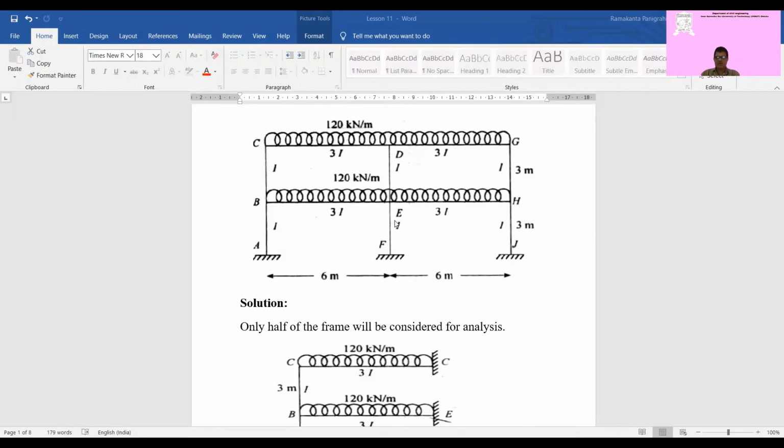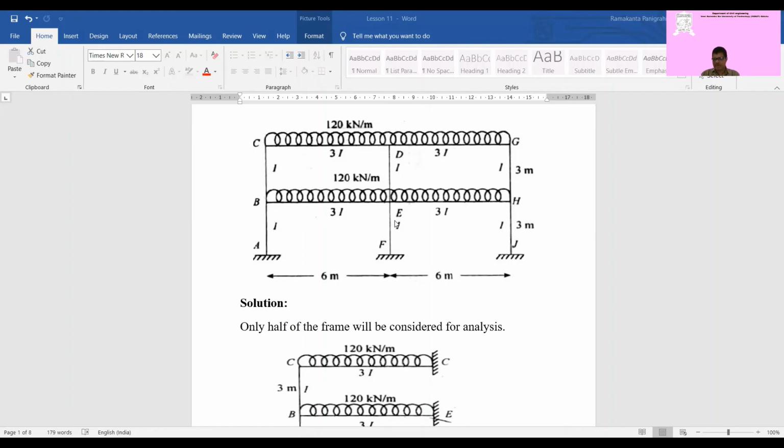So with this, I think we'll end this class for the Kani method applied to non-sway frames. The next class we'll see how this Kani method is applied to frames with sway. As you know, sway problems will be lengthier than the non-sway problems.